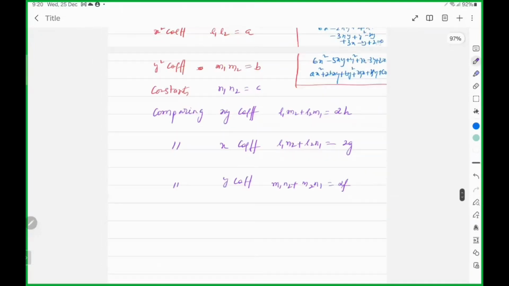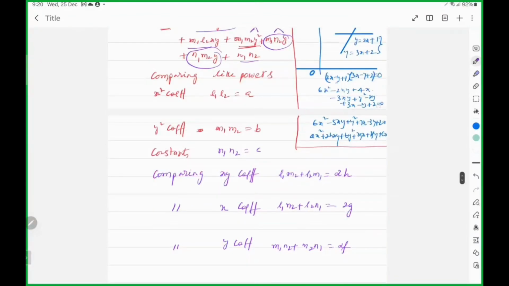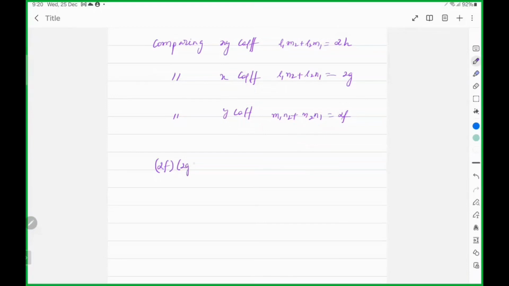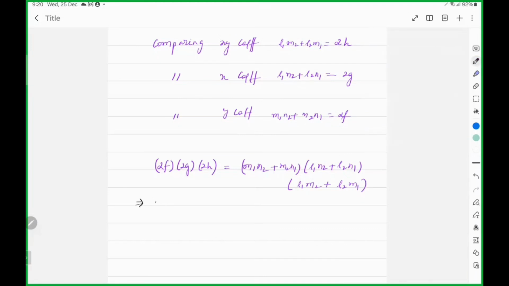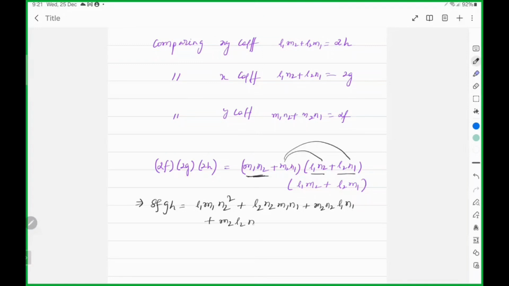Now, to prove the first relation, what I am considering is 2f into 2g into 2h: (M1N2 + M2N1)(L1N2 + L2N1)(L1M2 + L2M1). So 8fgh, this we get by general multiplication: L1M1N2², L2N2M1N1, M2N2L1N1, M2L2N1².